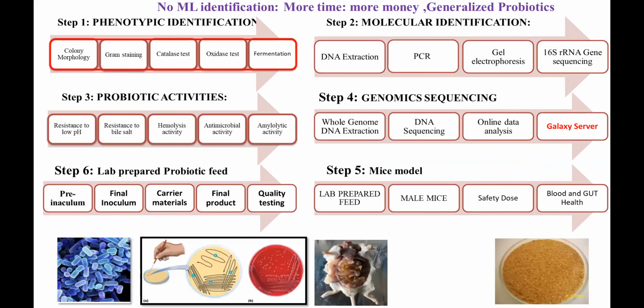Before machine learning, you had to go through different steps. You had to check colony morphology of the bacteria, gram staining, catalase test, oxidase test, and fermentation.